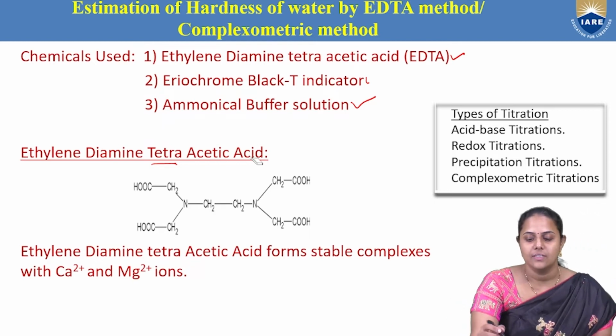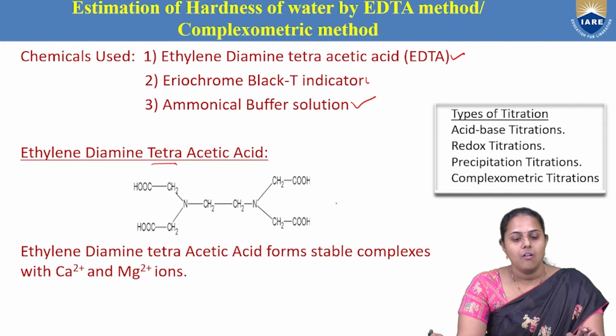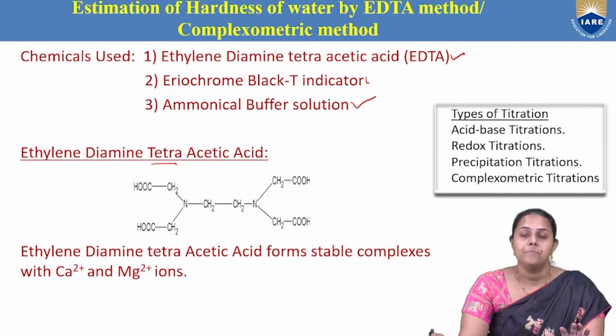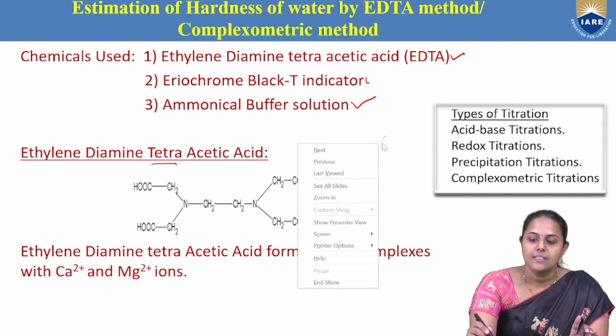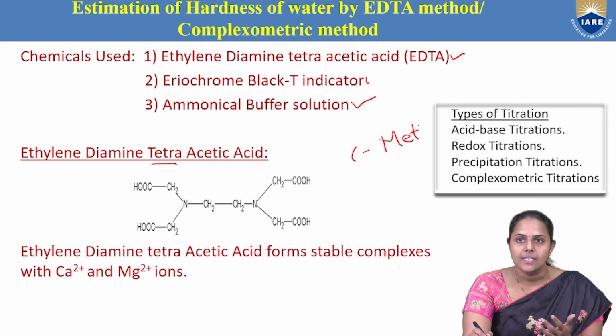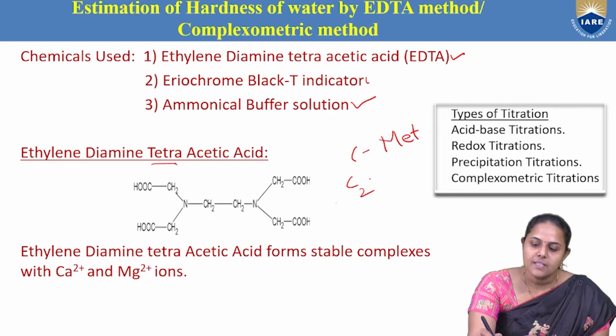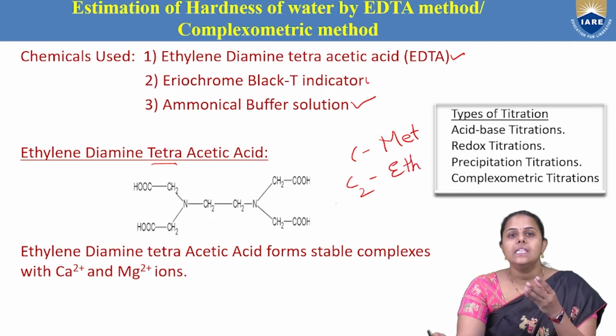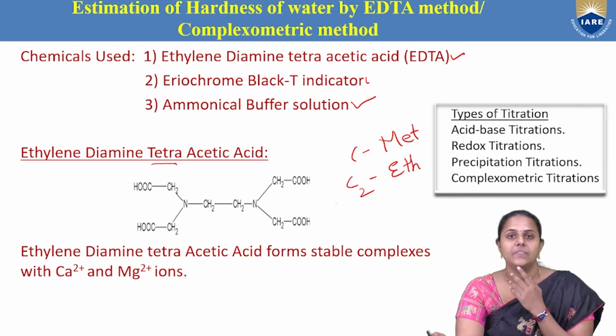If we talk about the structure, first, ethylene. If one carbon is present, the prefix we use is methane, methene, methine. If 2 carbons are present, we use the prefix eth, meaning ethane, ethene, ethine.